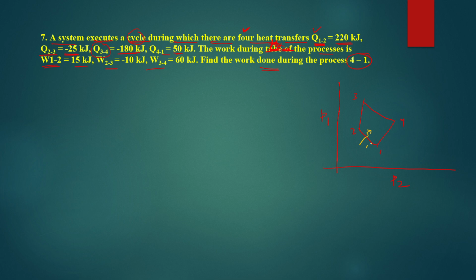In all the processes we are given the heat interactions and work interactions, but in process 41 only the heat interaction is known, and we do not know the value of the work interaction. So we have to find out this W41.